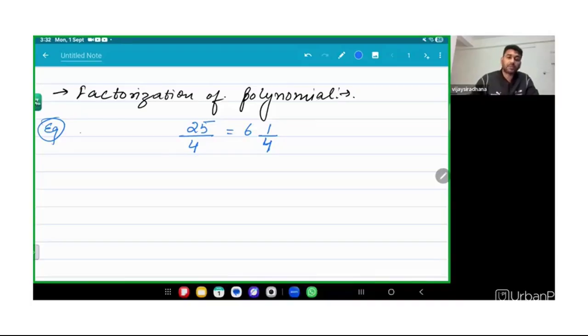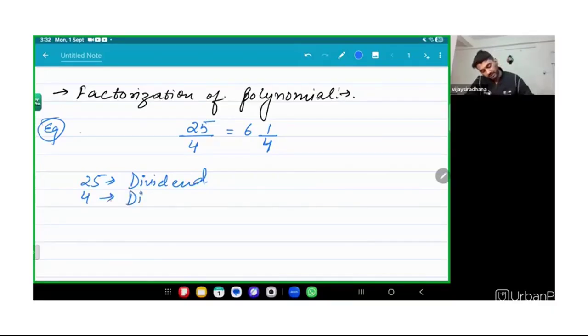So there are a few things you might know about this. First of all, what do you mean by 25? 25 is the dividend. Then 4 over here is the divisor.